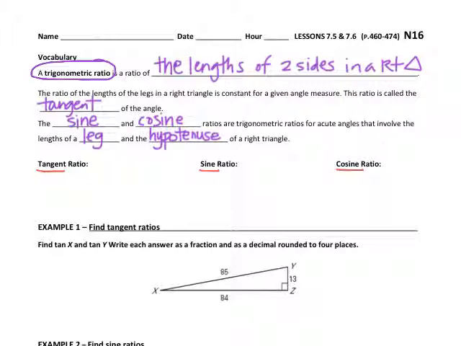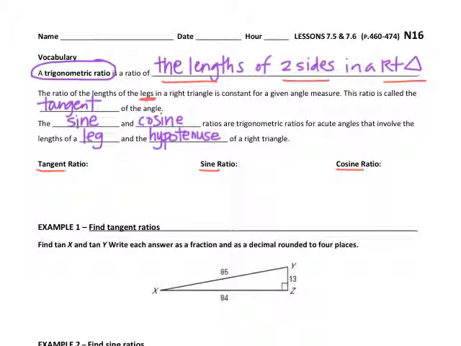So go ahead and write the first vocabulary definition. A trigonometric ratio is a ratio of the lengths of two sides in a right triangle. So again, it has to be inside of a right triangle when you use the trig ratios. The ratio of the lengths of the two legs, remember we have special names for the sides of right triangles.